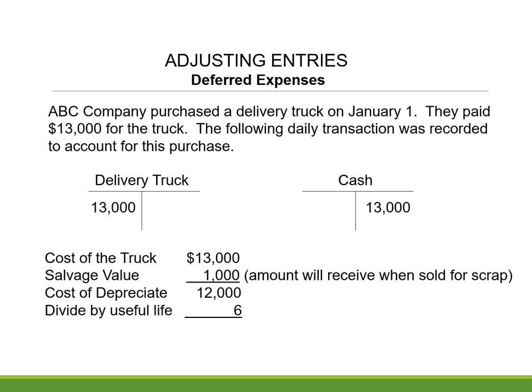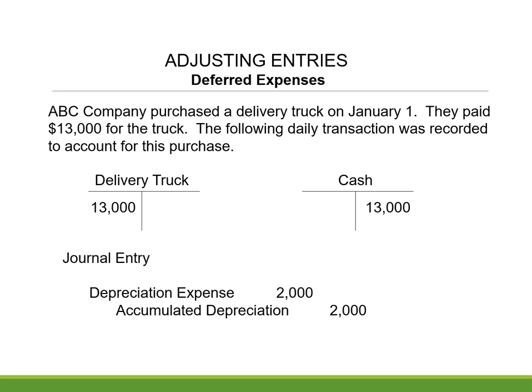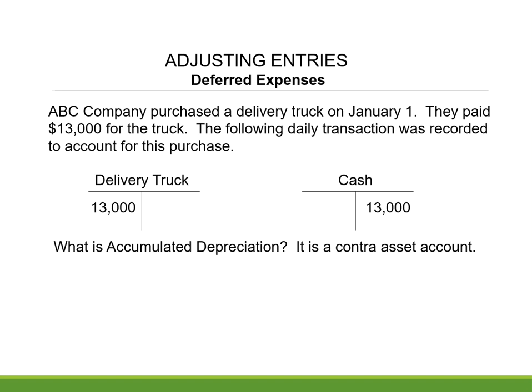We're only going to depreciate the $12,000. The useful life is 6 years, so we have to divide by that, and we're going to depreciate the truck for $2,000 per year. And our journal entry is debit depreciation expense for $2,000 and credit accumulated depreciation for $2,000. Now you say, what is accumulated depreciation? Well, it's what's called a contra asset account.